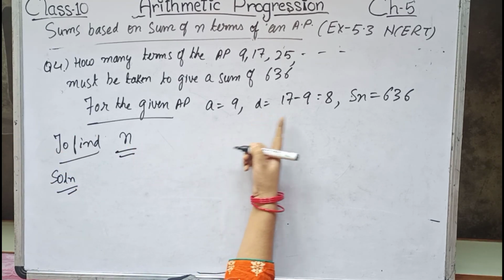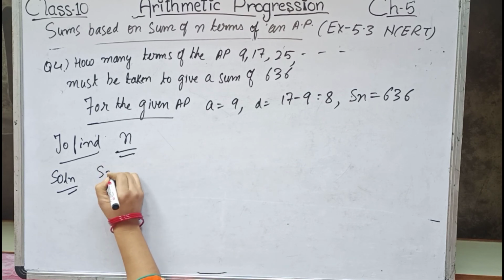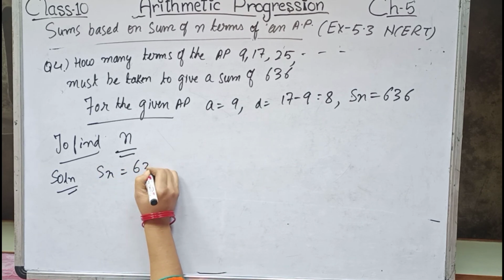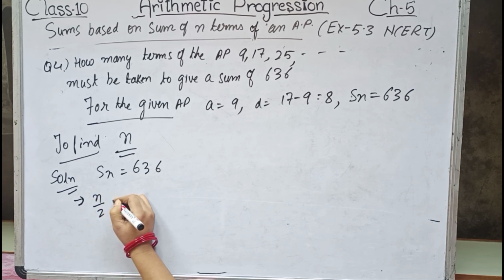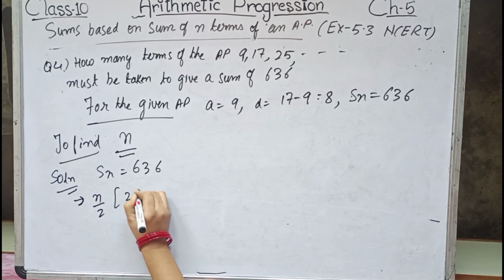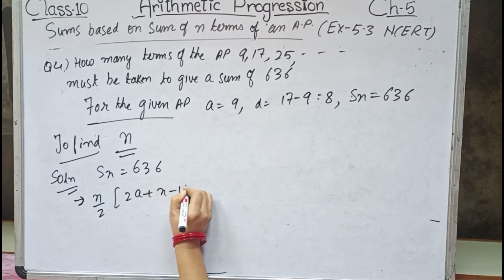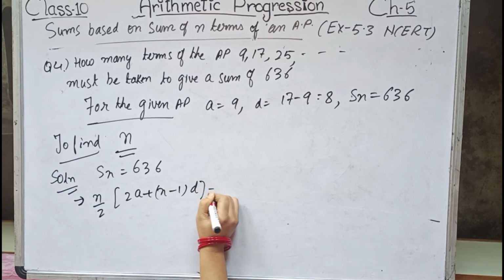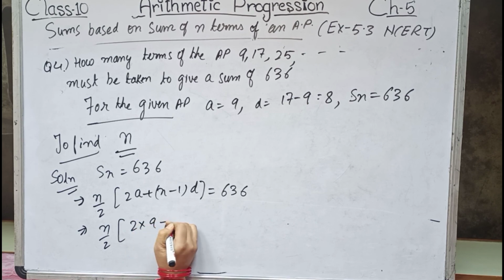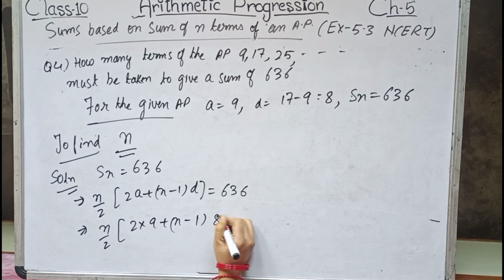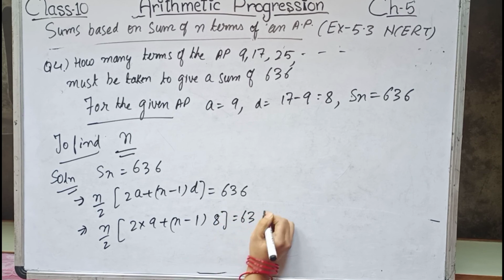Sn equals 636 implies n by 2 into (2a plus (n minus 1) into d) equals 636. This implies n by 2 into (9 plus (n minus 1) into 8) equals 636.